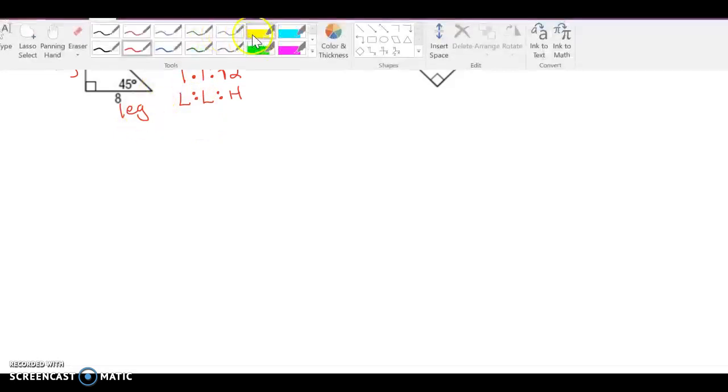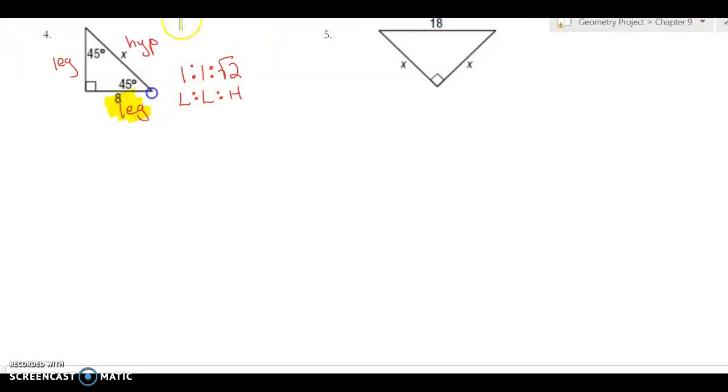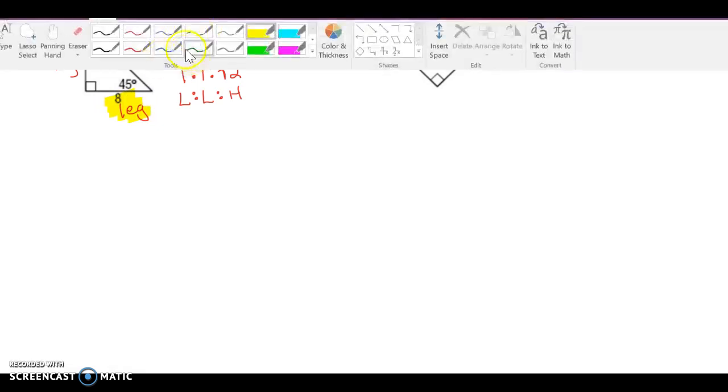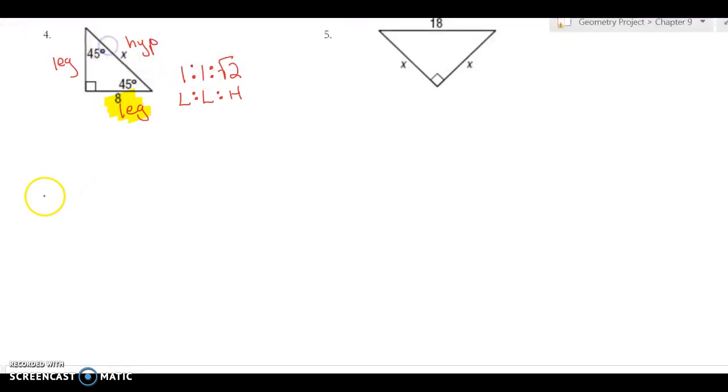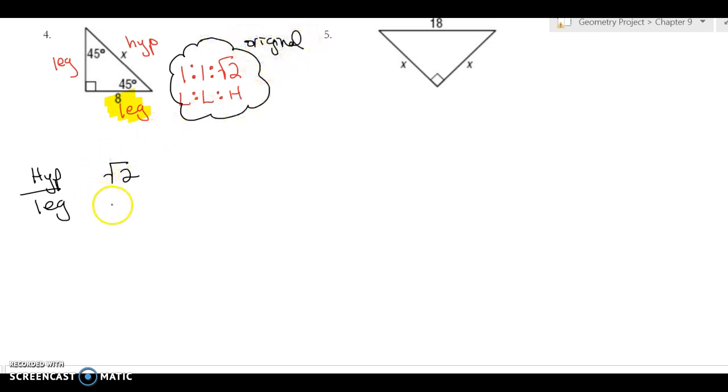Okay? So it's the same process. Because I'm given the leg, I'm going to highlight that. And so I'm given that, so I'm going to put that on the bottom. So I'm going to do the height over the leg. My original hypotenuse is square root of 2. My original leg is 1. So again, same process, it's original.